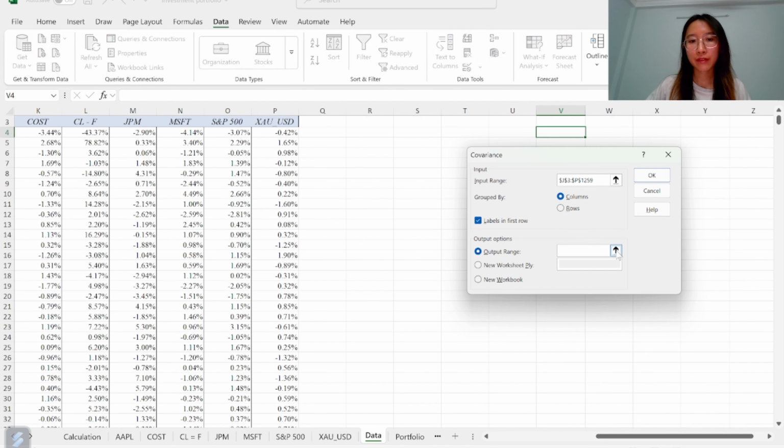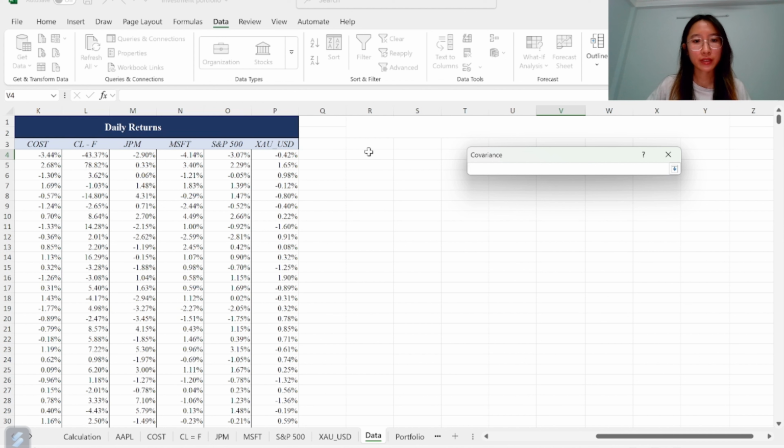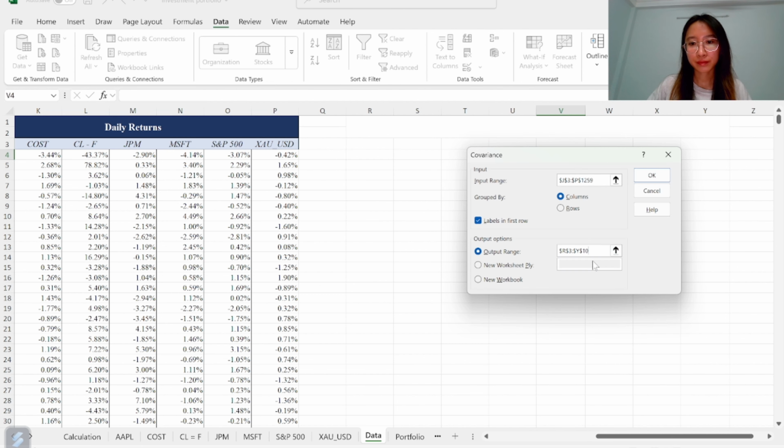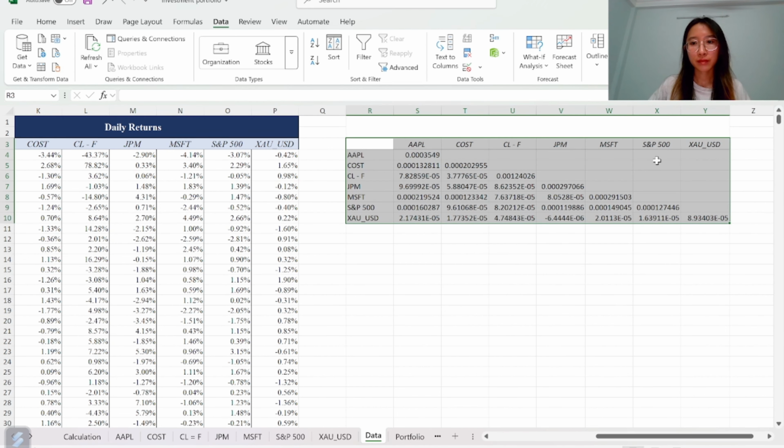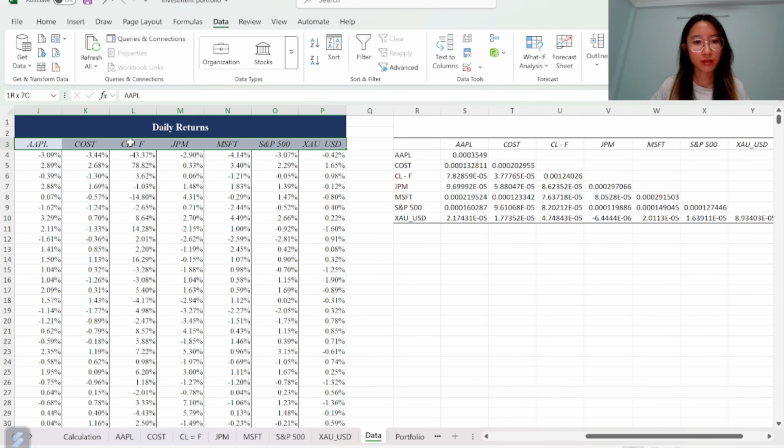I want to have a table here, so we have 7 assets plus 1 label row. We will have 8 rows and 8 columns here. Okay, and then that is our covariance matrix.